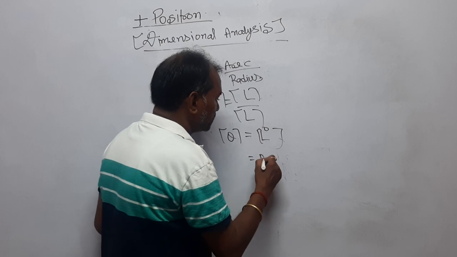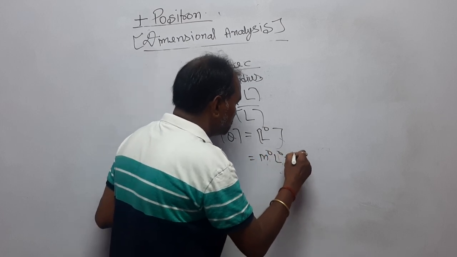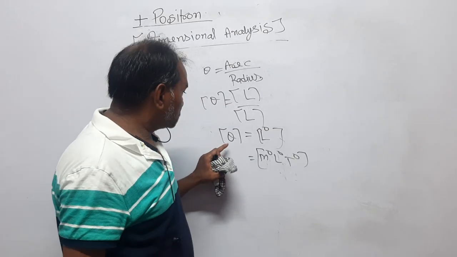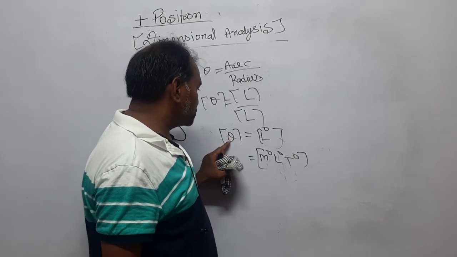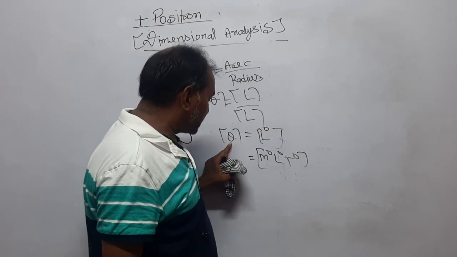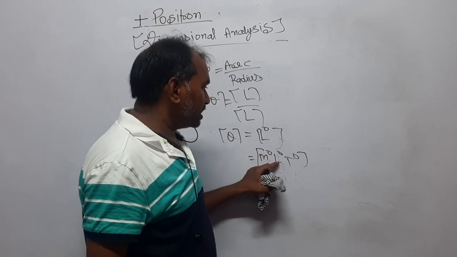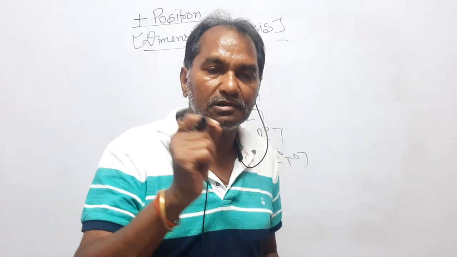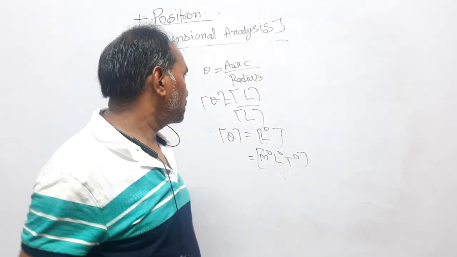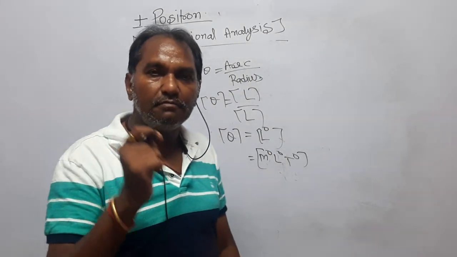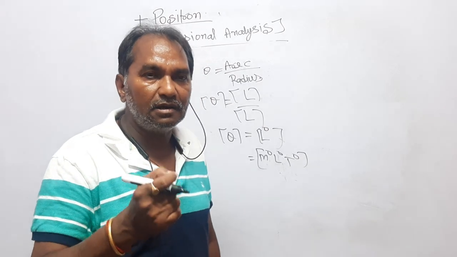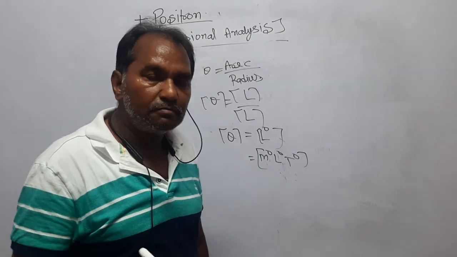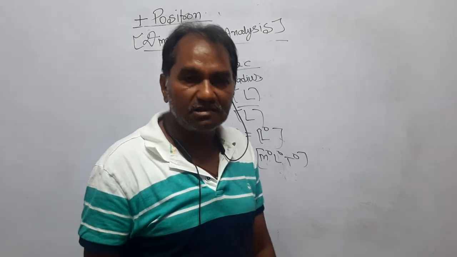A dimensionless quantity can also be written like this: in the dimension of angle, the dimensions of mass, length and time are all zero. If you are considering the dimension of angle, then you will say that the dimensions of mass, length and time are zero.